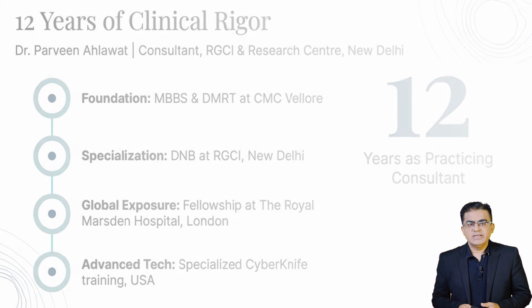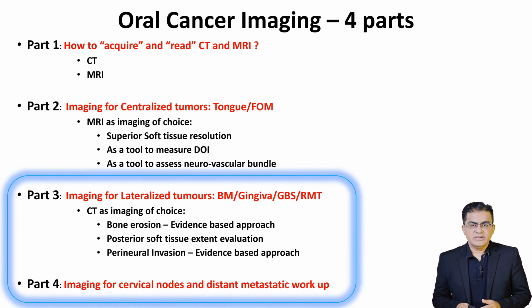You remember that we divided the entire topic of oral cavity cancer imaging in 4 parts. In part 1 video, we discussed basics of CT and MRI for oral cancer. In part 2, we discussed how to image tongue cancer. There, we saw how MRI is an excellent imaging modality for tongue cancer.